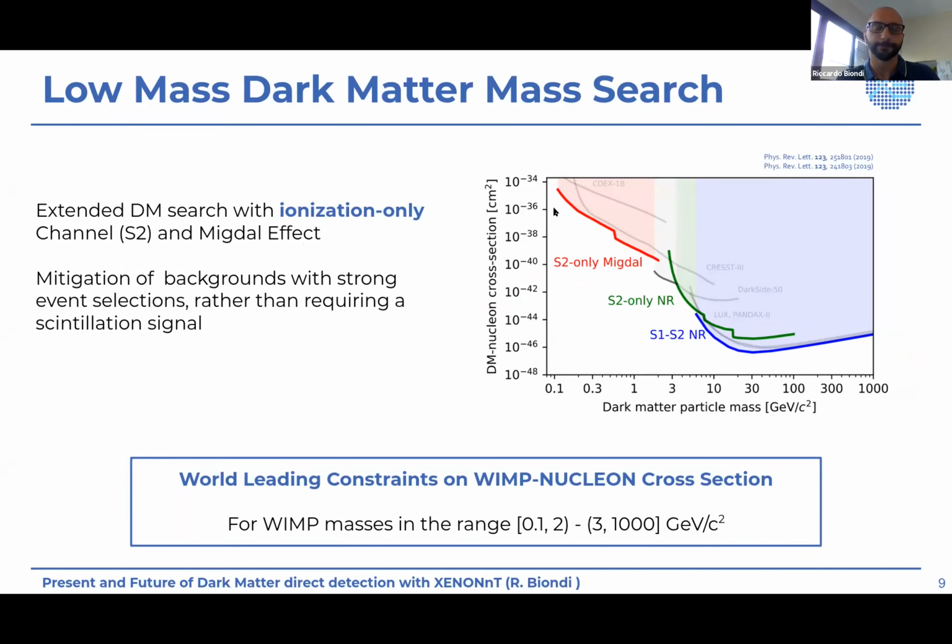We could put constraints on the WIMP-nucleon cross section for dark matter particles of mass below 10 GeV. And in this case, we mitigate the background with a strong event selection rather than requiring a scintillation signal, the S1 signal. Here we also have world-leading constraints on the WIMP-nucleon cross section for these ranges.